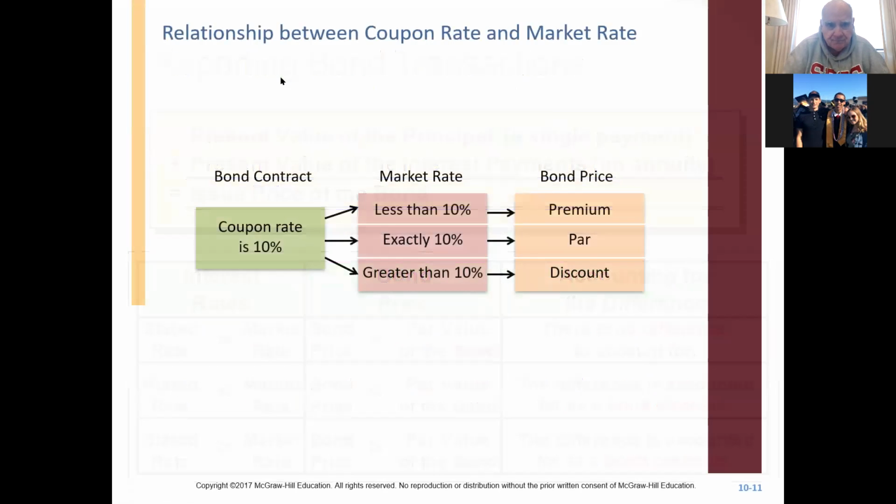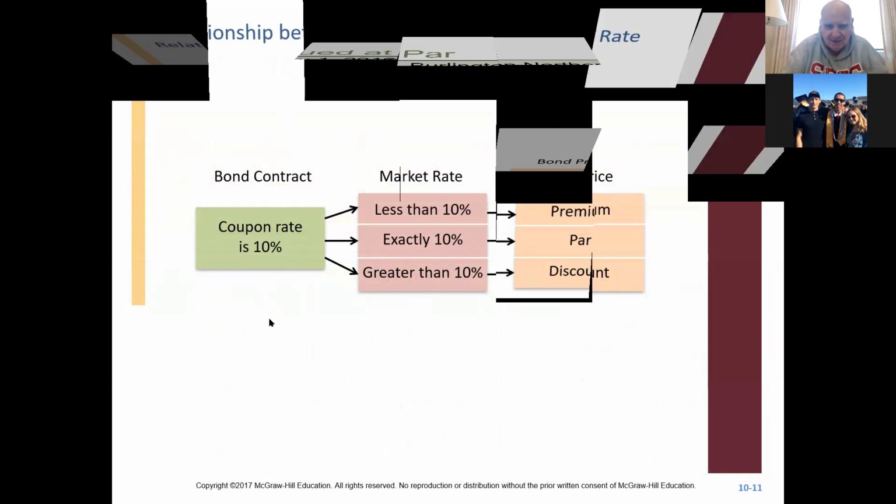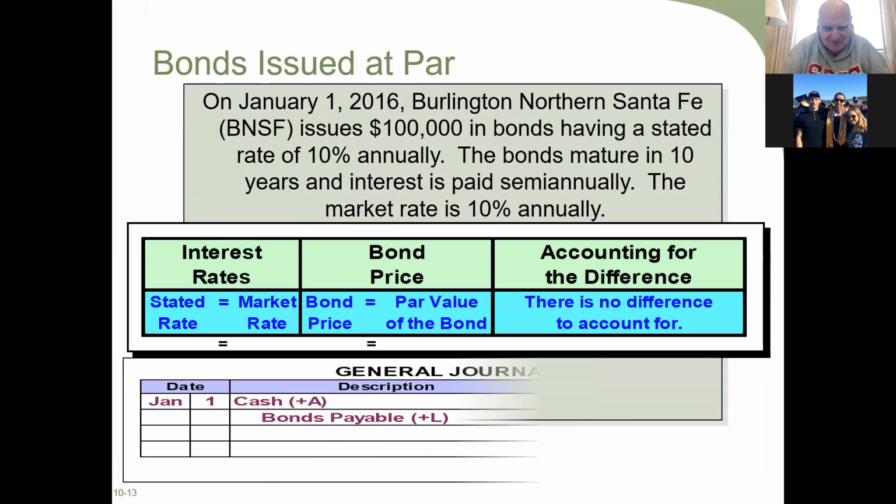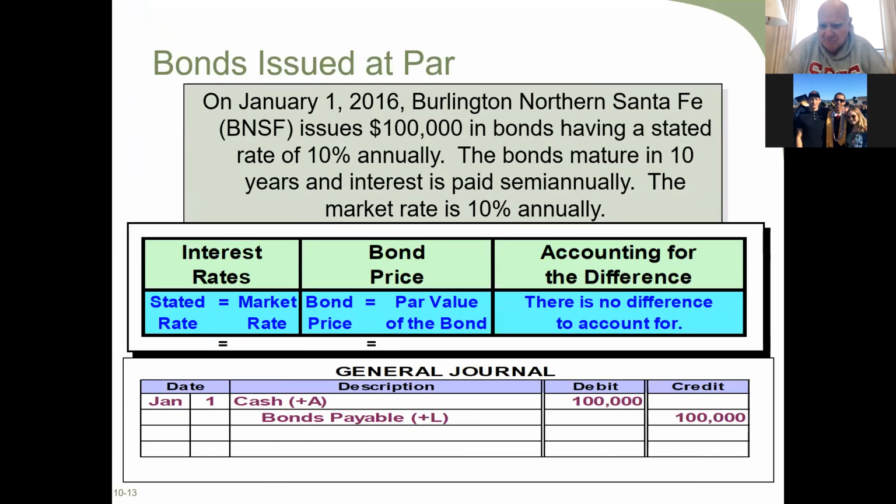Good questions. Okay, here we go. Burlington issues 10,000 bonds having a stated rate of 10%, and the market rate is 10%. There is no present value calculation. There's nothing to amortize. It's this easy: cash, bonds payable, we're done.